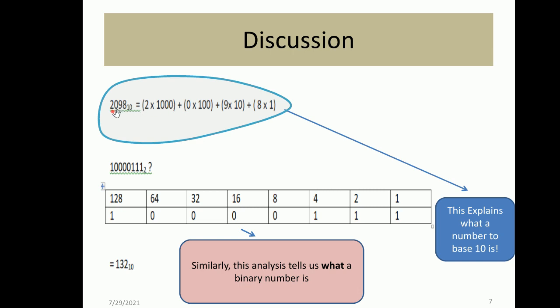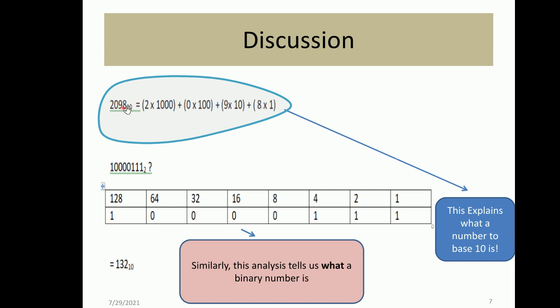Then the next decimal digit 0 represents 0 times 10 raised to the power of 2, which is 100, which is 0. And the third decimal digit 9 represents 9 times 10 raised to the power of 1, which is 9 times 10, which is 90. And 8 represents 8 times 10 raised to the power of 0, which is 8 times 1, which is 8.